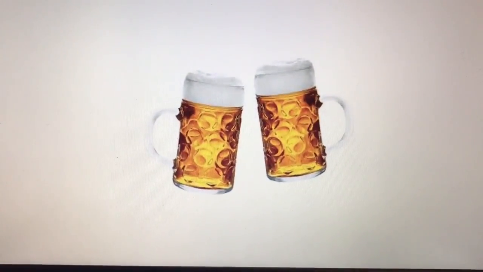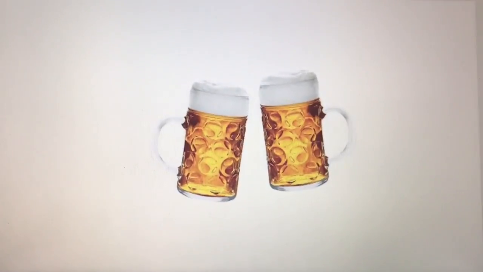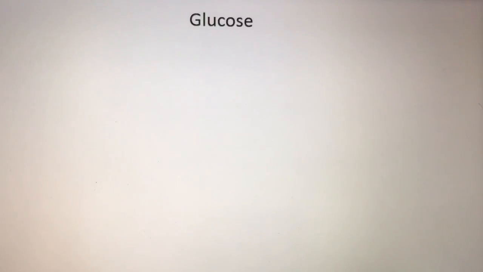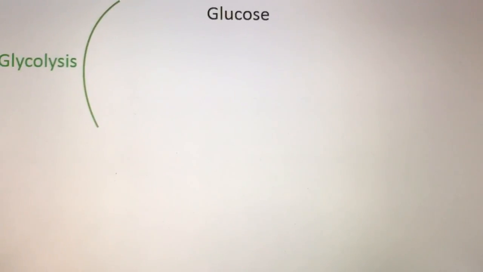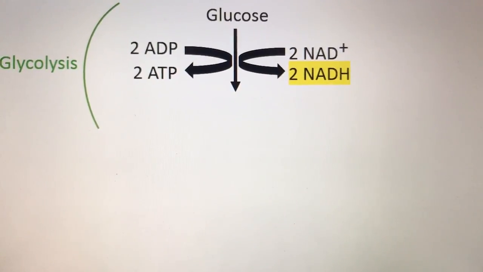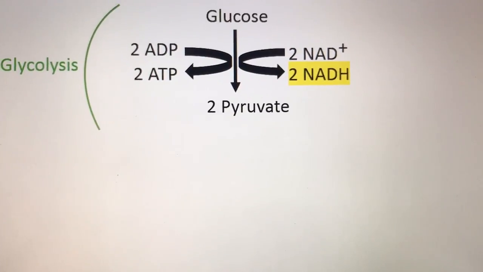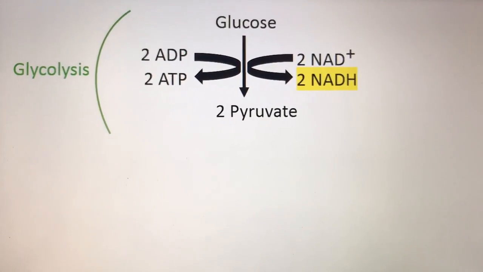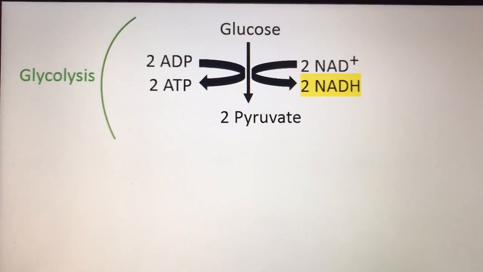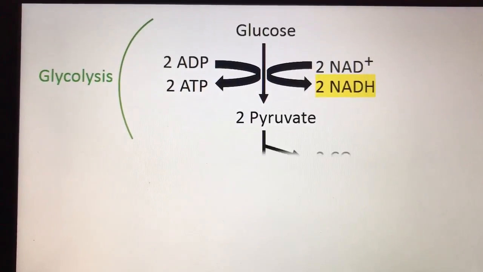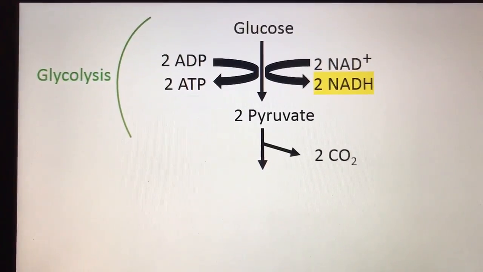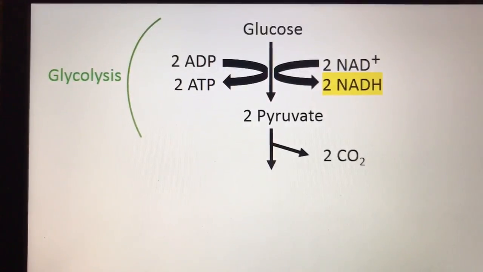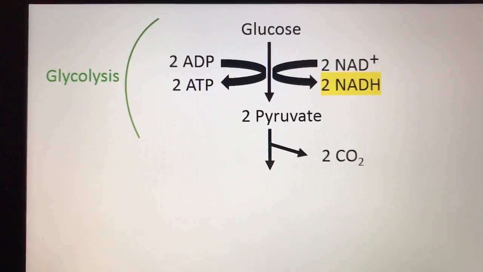Fermentation releases energy from food molecules by producing ATP. Glucose is broken down through the process of glycolysis to pyruvate, which nets 2 ATP. Then pyruvate is broken down to acetaldehyde, and in this process it releases 2 CO2.